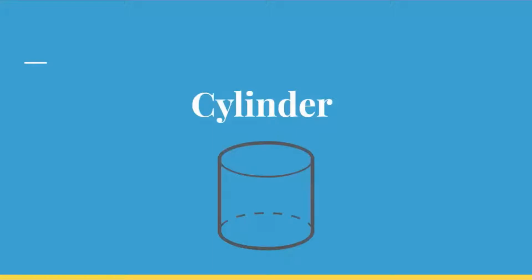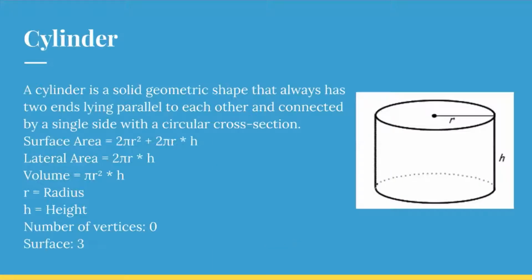Now we're going to talk about cylinders. A cylinder is a solid geometric shape that always has two ends lying parallel to each other and connected by a single side with a circular cross-section. The surface area is 2 pi r squared plus 2 pi r times the height.